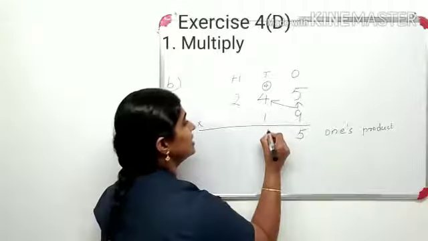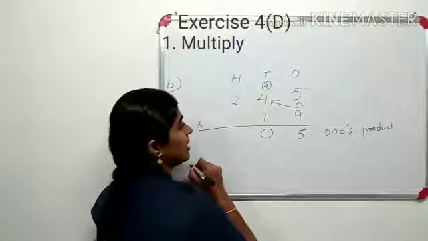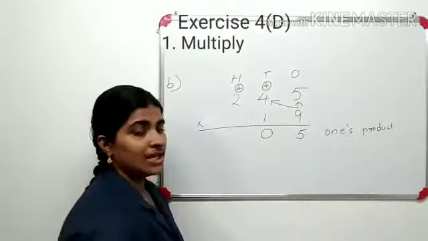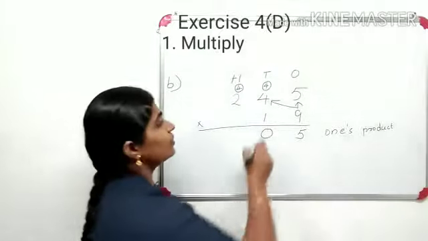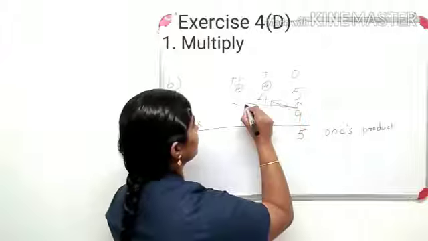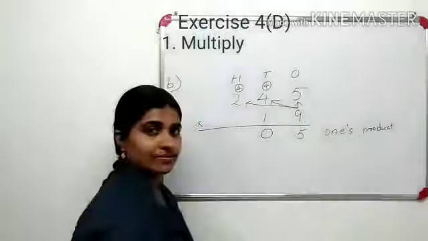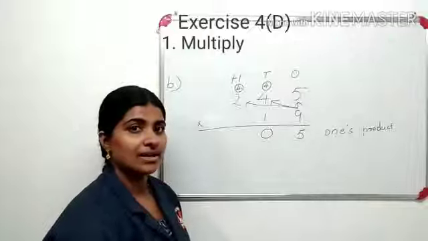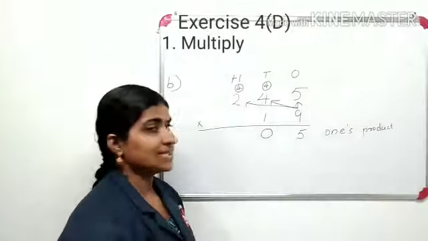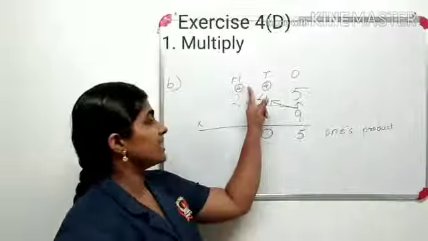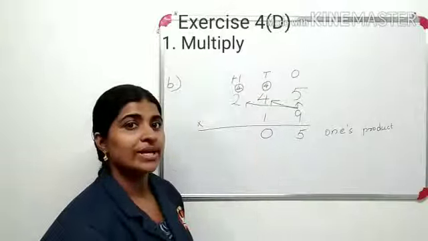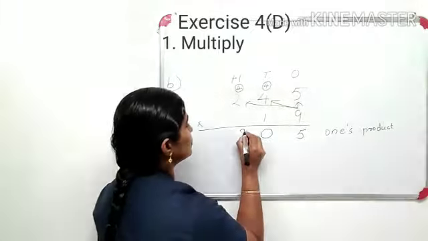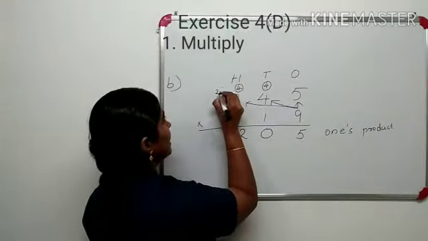So we are writing 0 here and 4 as carry again. Then we multiply 2 by 9. 2 9's are 18. 18 plus 4 is 22. So we are writing 2 here and carry 2.